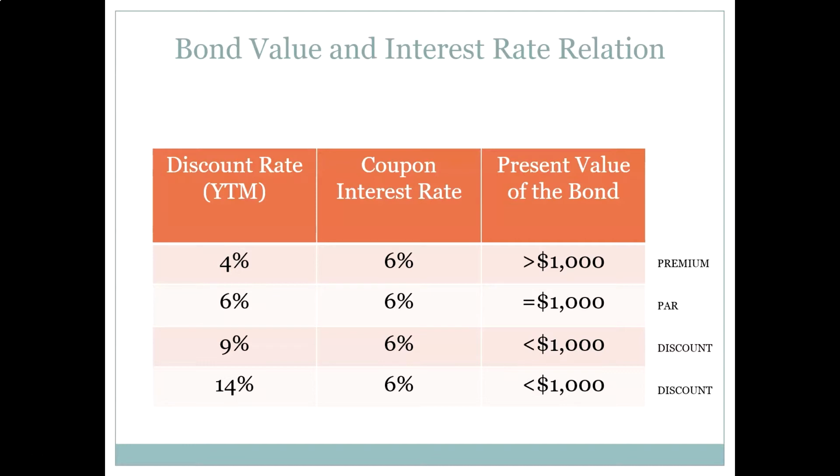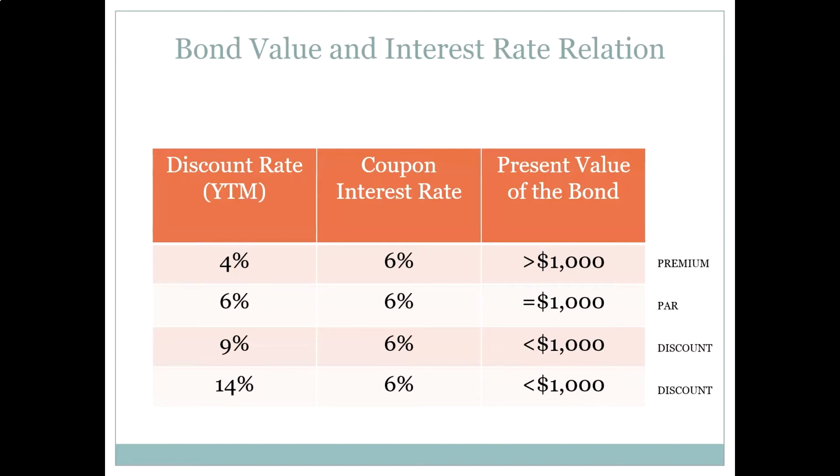And as interest rates in the market go up relative to the existing coupon rates, then prices of those existing bonds fall below the par value of $1,000, and those are said to now be selling at a discount. Okay, so this relationship is basically the fundamental relationship describing the value of a bond.